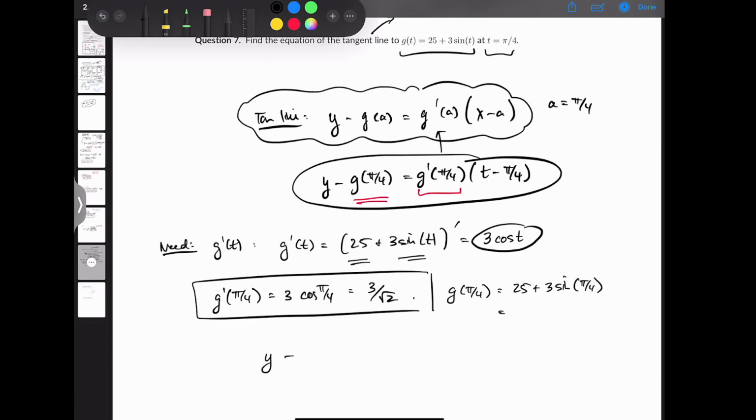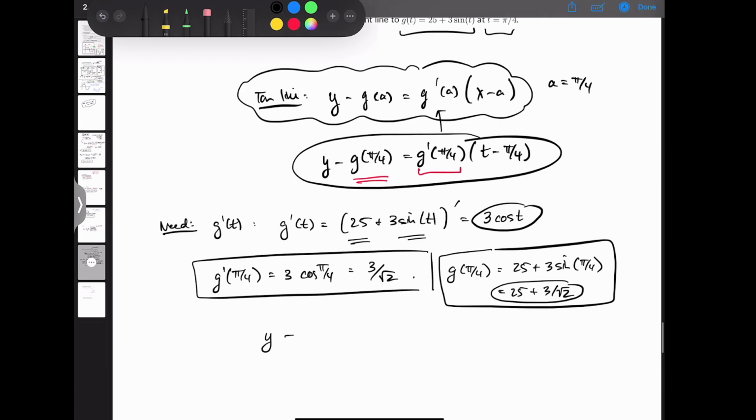Sine of pi over 4 is also 1 over radical 2. It's 45 degrees, so sine and cosine are equal. So 3 over radical 2. So we have this. Again, you are welcome to get a decimal approximation here. I'm just going to keep it in exact form. T minus pi over 4.